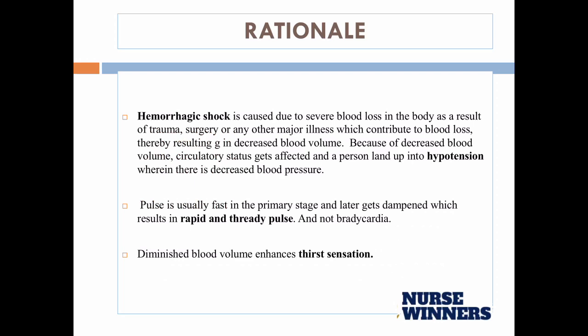Rationale: hemorrhagic shock is caused due to severe blood loss in the body as a result of trauma, surgery, or any other major illness which contributes to blood loss and thereby results in decreased blood volume. Because of decreased blood volume, circulatory status gets affected and a person lands up in hypotension, wherein there is decreased blood pressure.